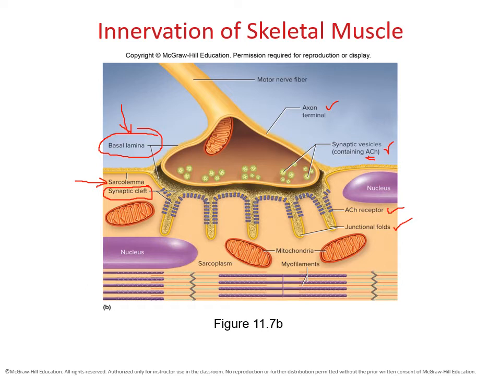That's going to be the enzyme that breaks down acetylcholine. So take a second, review all these different parts, because the neuromuscular junction is a very important entity to understand, and it's going to make it easier for us to explain all the steps involved in getting your muscle to contract if we understand who all the key players are going to be.